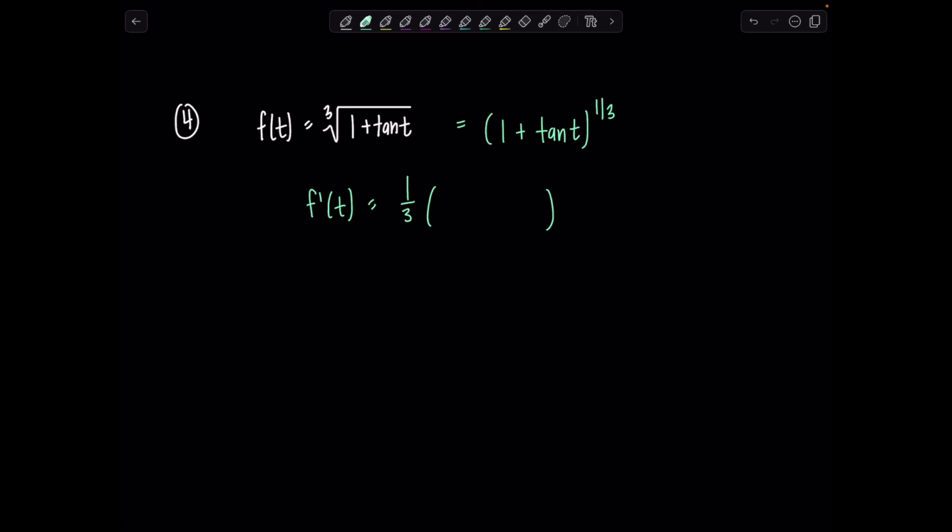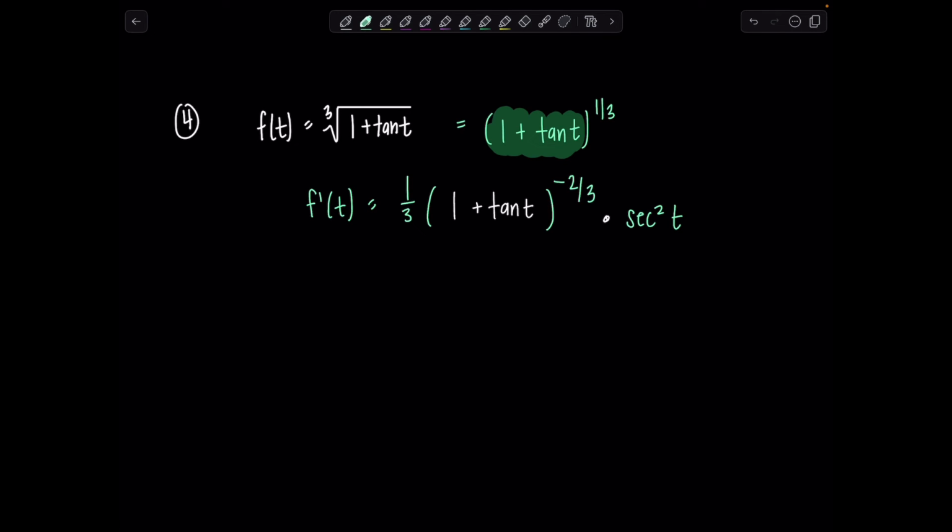The new exponent is 1/3 minus 1, so negative 2/3. What goes inside the parentheses? Exactly what you see. Don't touch a thing. Then I'm going to use the chain rule, multiply by the derivative of what was inside. So derivative of 1, 0. Derivative of tan t is secant squared t.